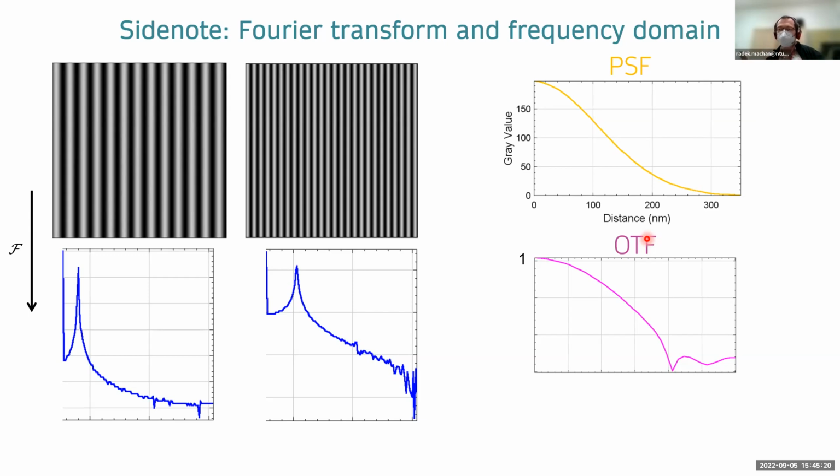Okay, this is the resolution limit. If it's bigger, I should be able to resolve it. If it's smaller, well, I cannot expect to resolve it. But as you see, point spread functions and optical transfer functions are not step functions. They are gradually decaying, and that's how things are in reality.